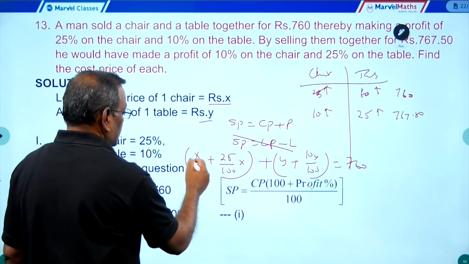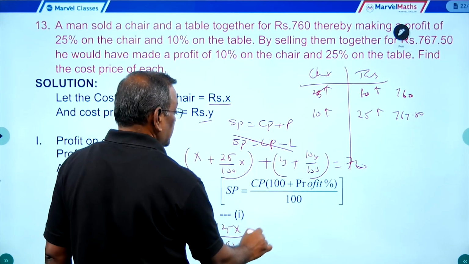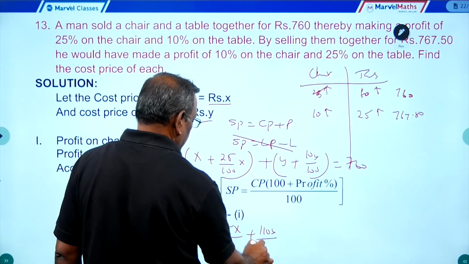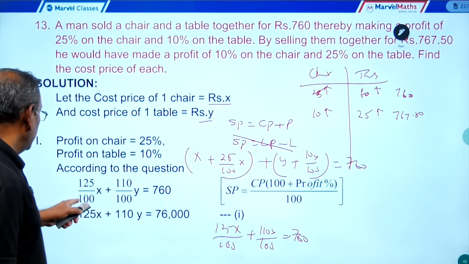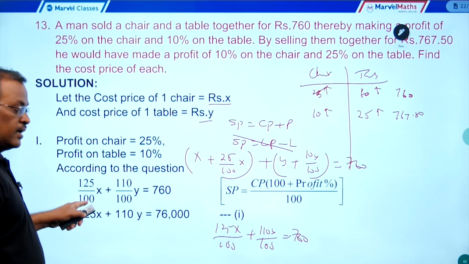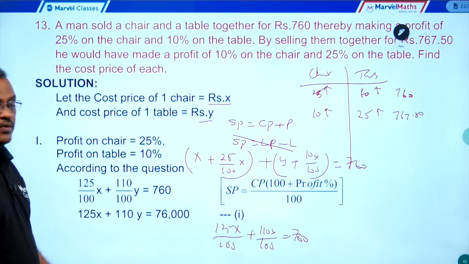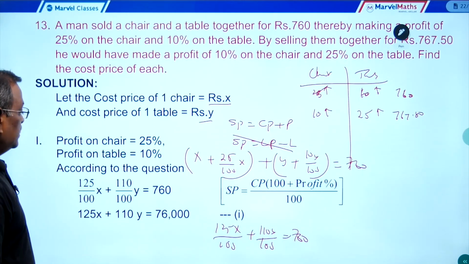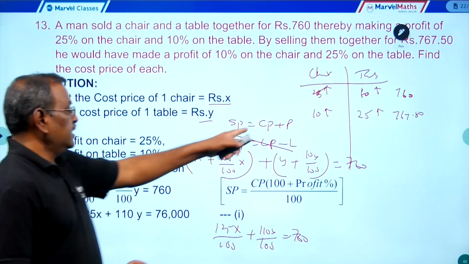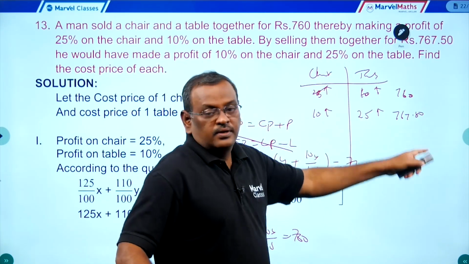So this is 100 plus 25, 125X by 100, plus 110Y by 100 equal to 760. You will get one linear equation. Similarly, what is the second linear equation? 110X by 100 plus 125Y by 100 equal to this.